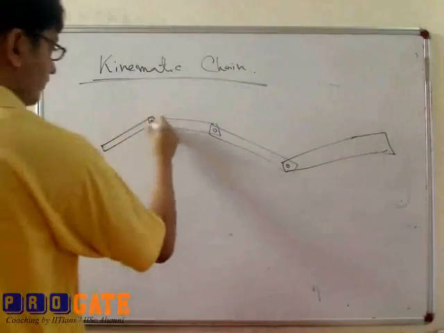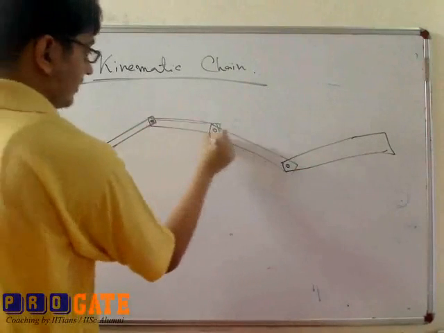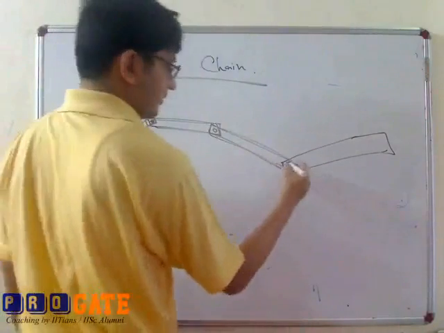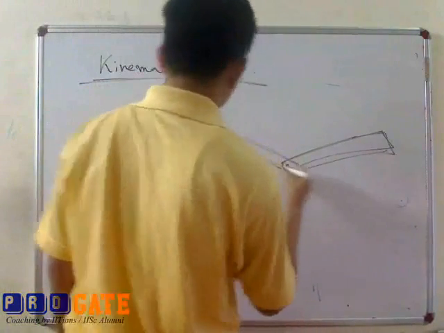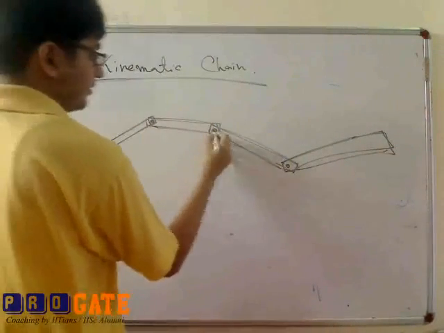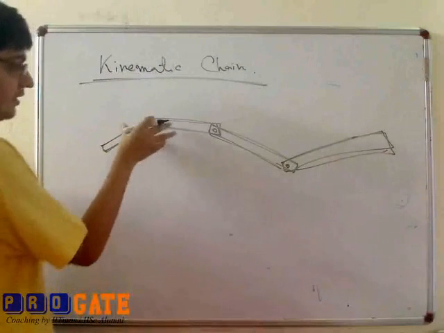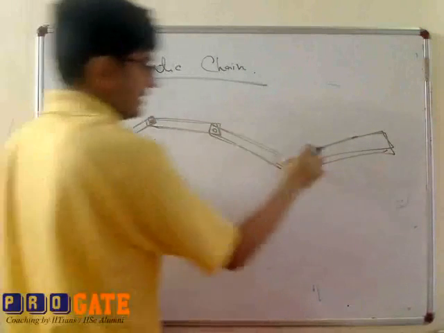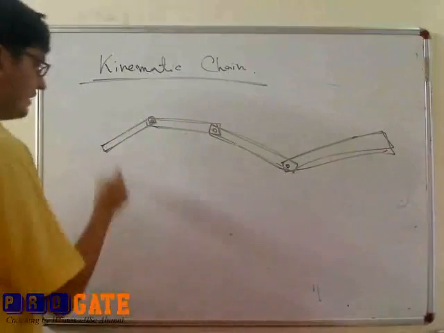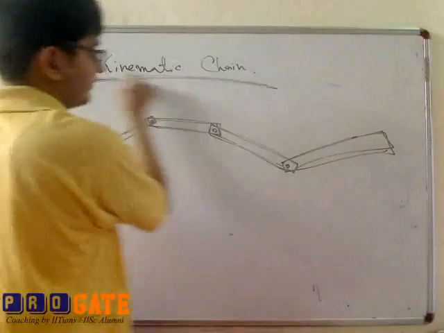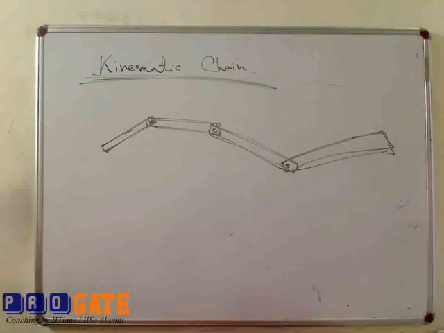This is the first element, second element, third element and fourth element. So the number of pairs is 1, 2, 3. Then this configuration is known as a kinematic chain.